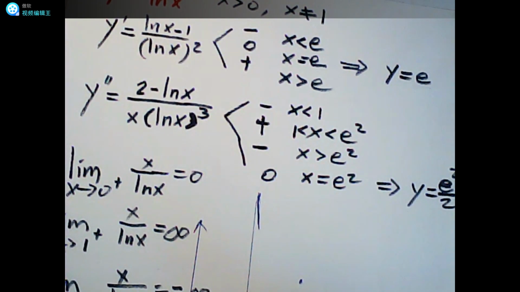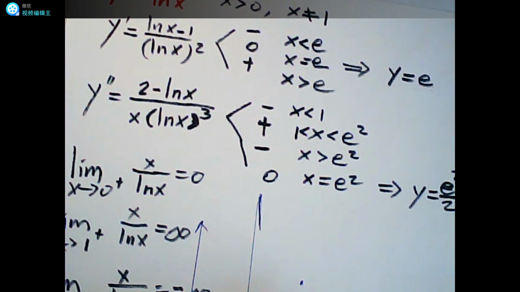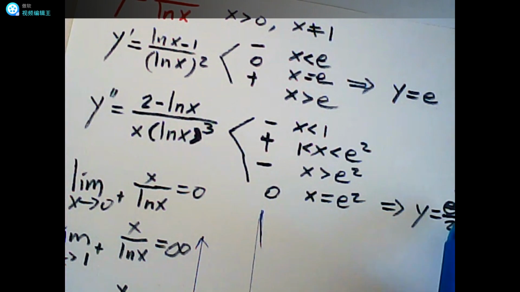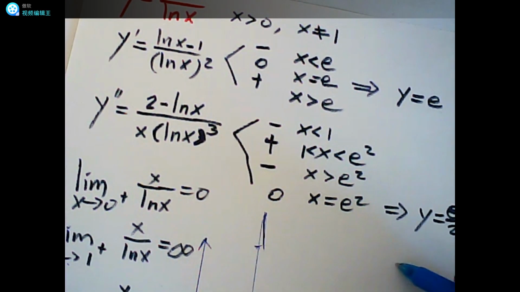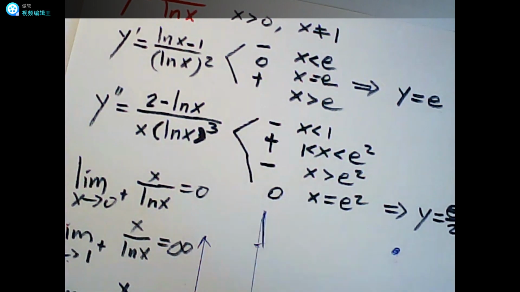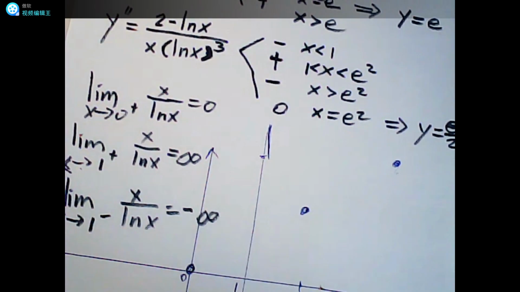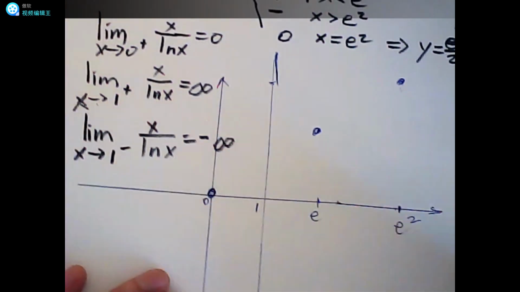This is e squared, and y is equal to e squared over 2, somewhere here. Okay, the point is there. So these are special points and asymptotes to consider. Then we join the curve.